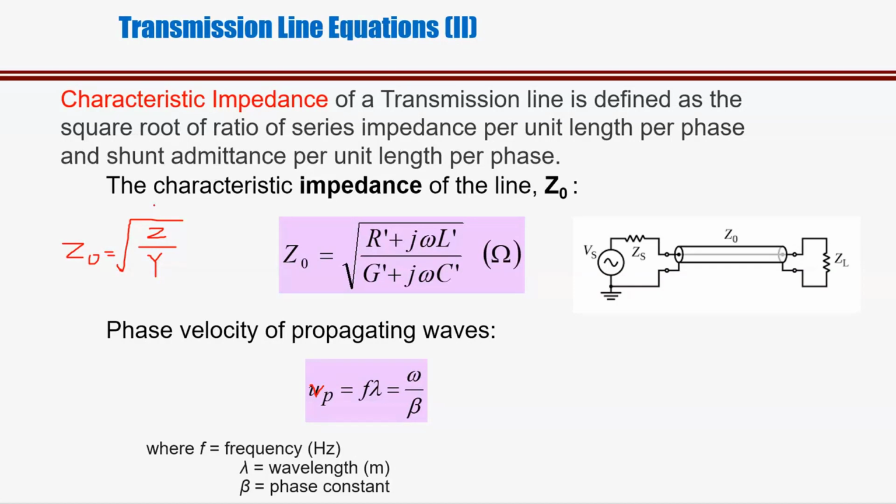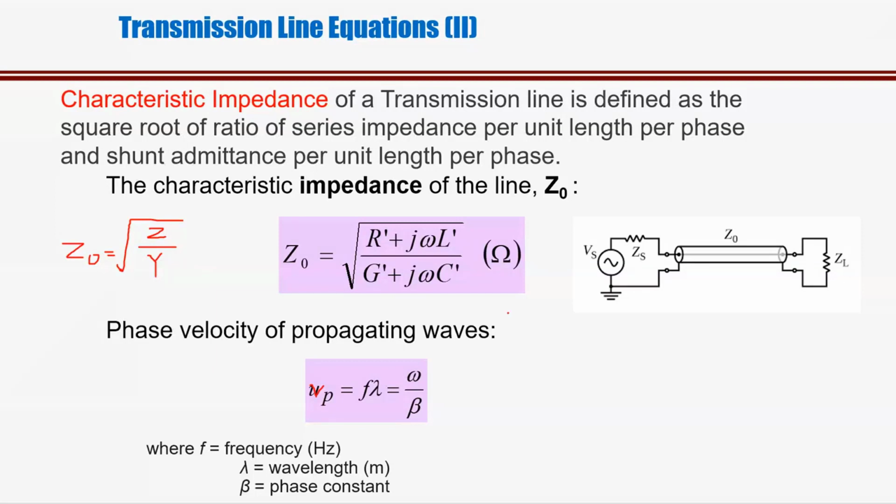And hence we got velocity Vp is equal to f lambda, and that is also equal to omega by beta. Okay, so these are the basic starting equations to solve some examples for transmission line. This Z0 is very important. Depending upon the value of Z0, we can find whether the line is infinite, and we can represent an infinite line in terms of a finite length line.